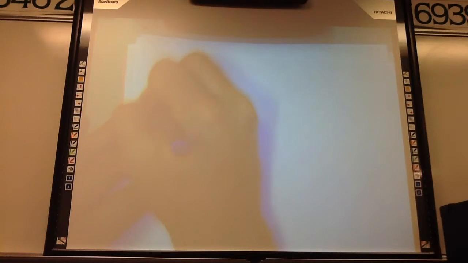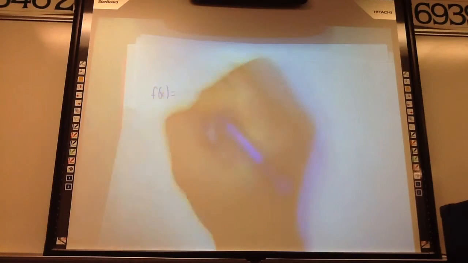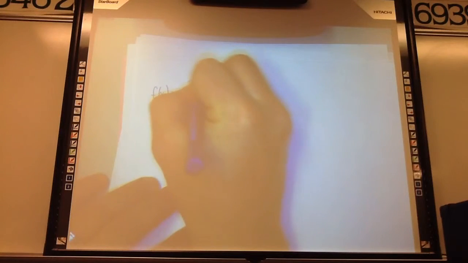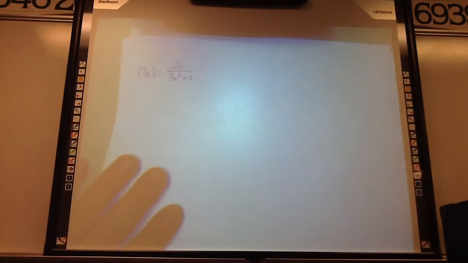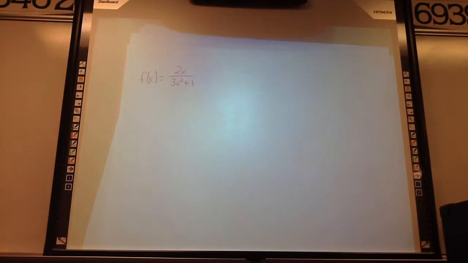So to find where the asymptotes are, let's say we have a function. We definitely have not done anything like that. Graph that.